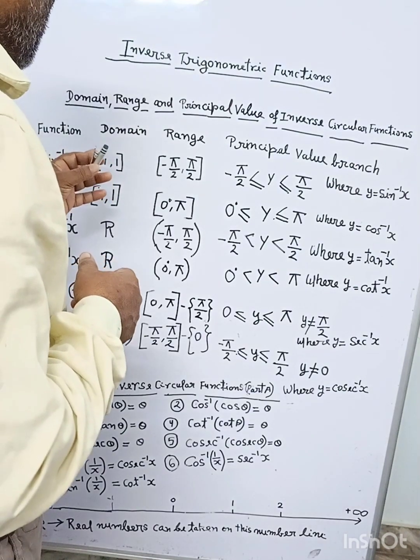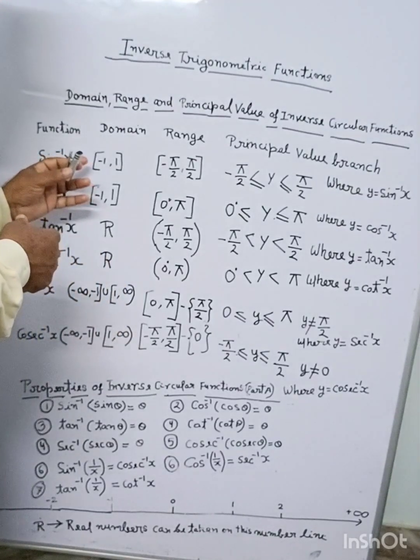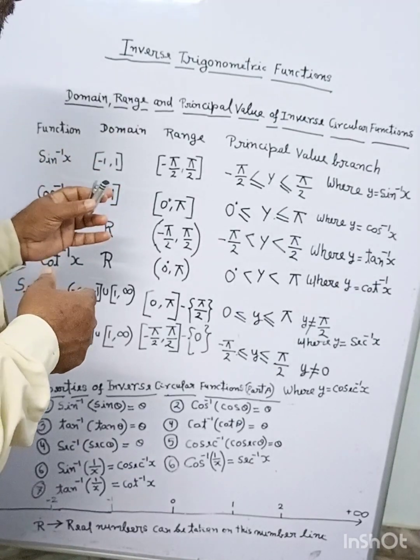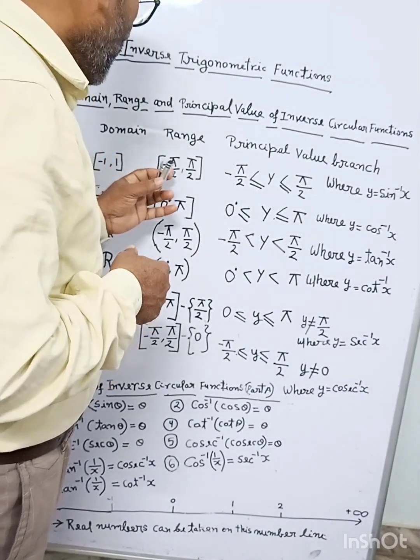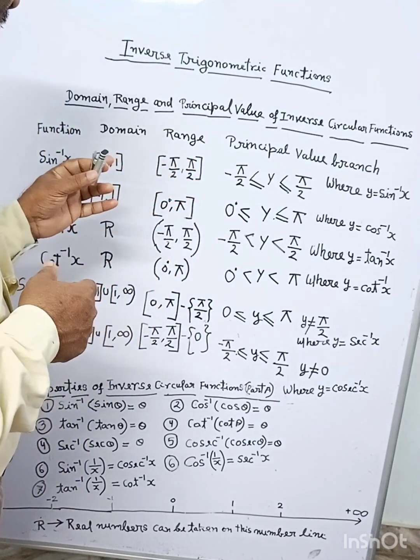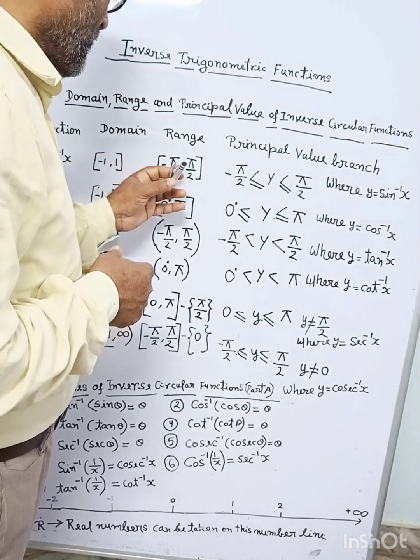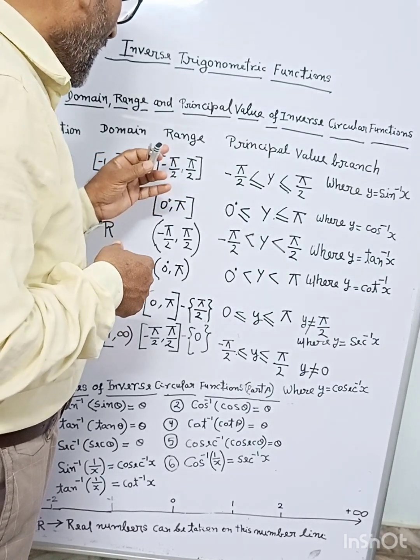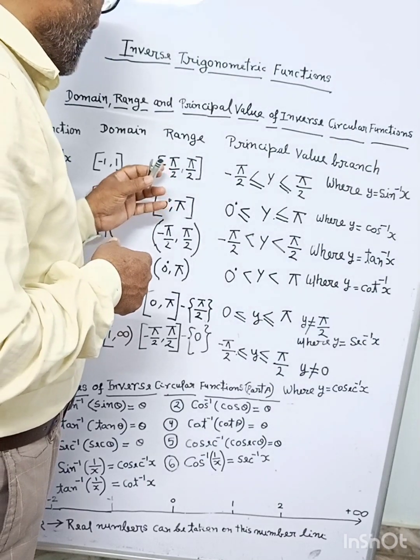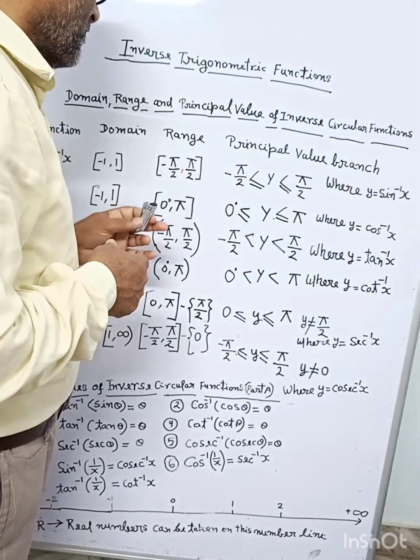It will be the value of different sine angles which lie between the range minus pi by 2 to pi by 2. It means range will be minus pi by 2 to pi by 2, different angles which lie between minus pi by 2 to pi by 2.